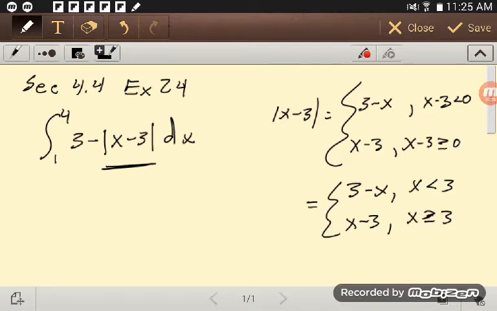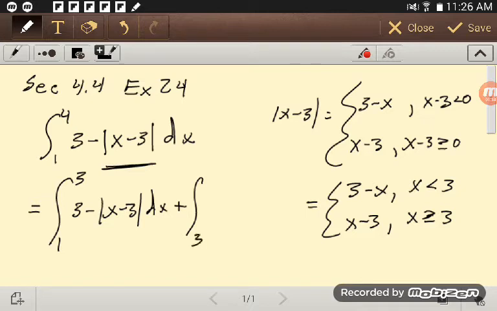Okay, and so we have to rewrite this integral as the integral from 1 to 3 of 3 minus the absolute value of x minus 3 dx plus the integral from 3 to 4 of 3 minus the absolute value of x minus 3 dx.